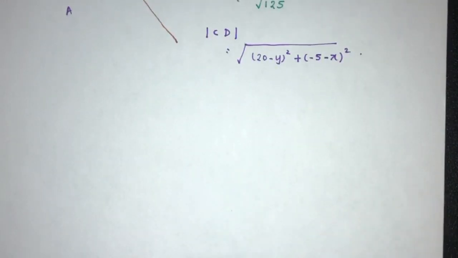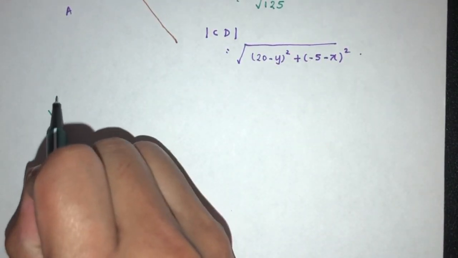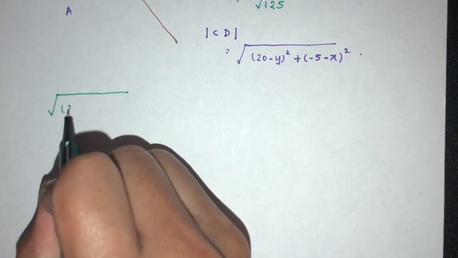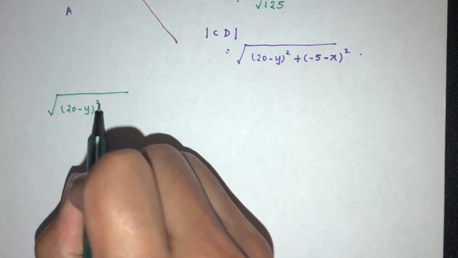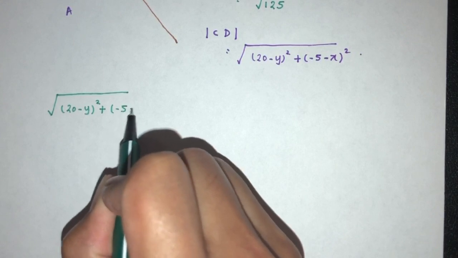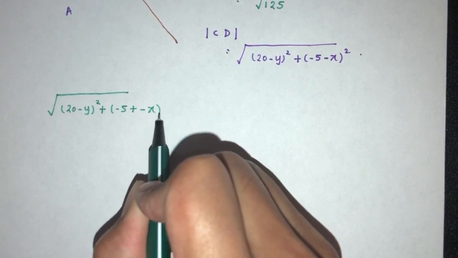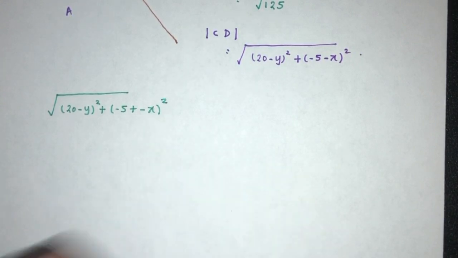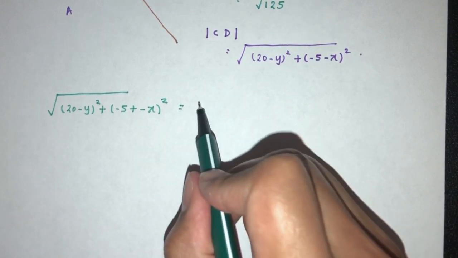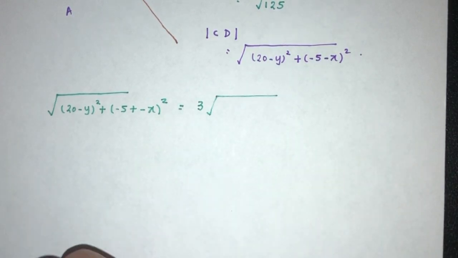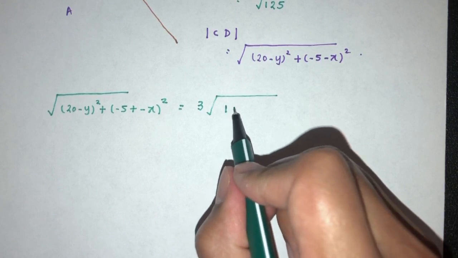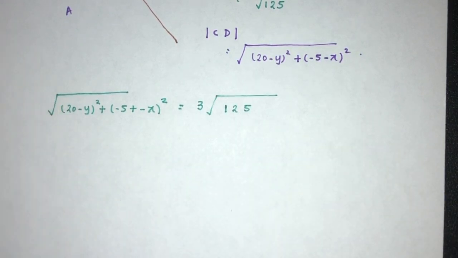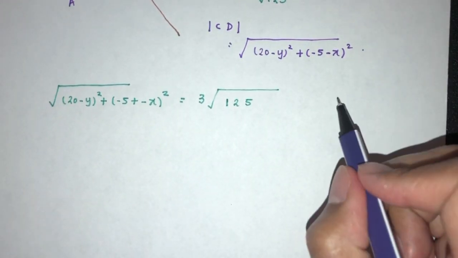On the left hand side you have root of 20 minus y squared plus minus 5 minus x squared, right, is equal to 3 times root of 125.